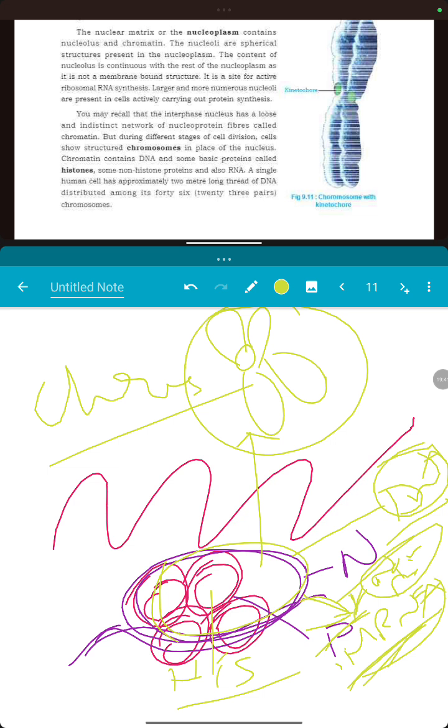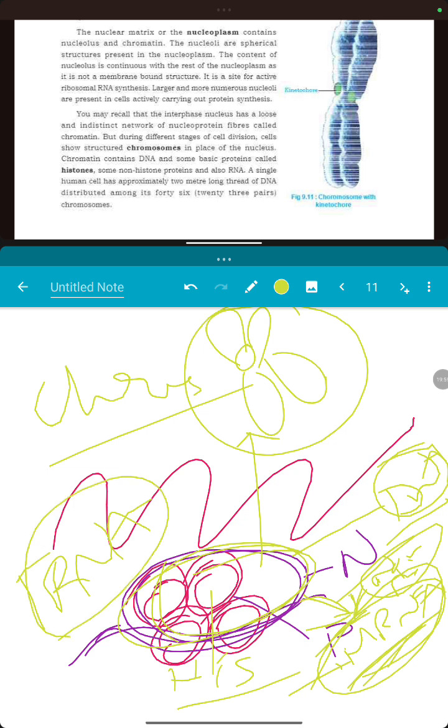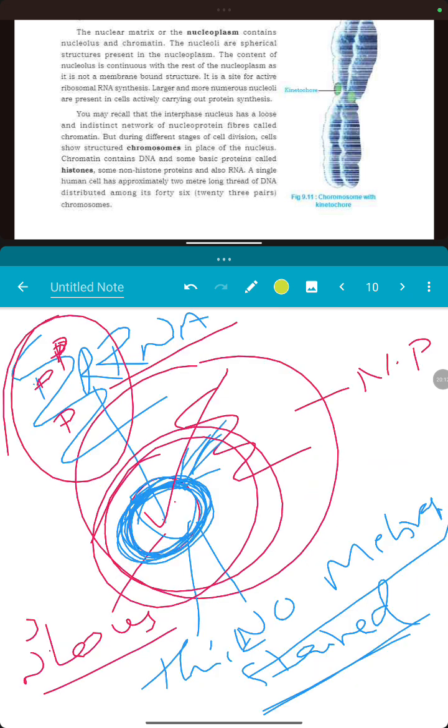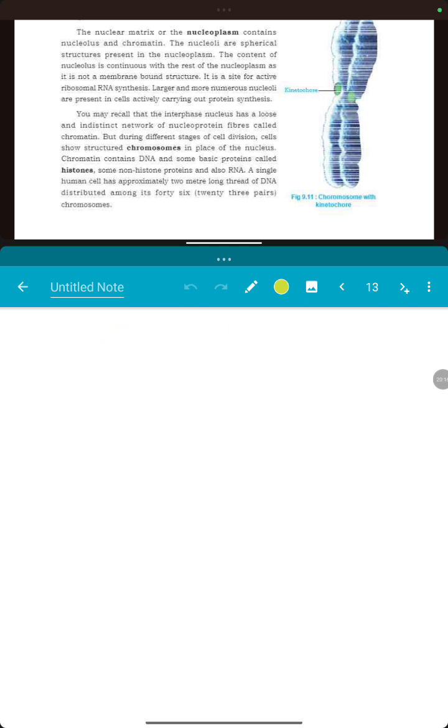So they are non-histone proteins. And RNA: mRNA is RNA, and from this tRNA will also be produced. So in the place of RNA mentioned in the text, tRNA is also a term. tRNA is nothing but RNA coiled into a T shape.